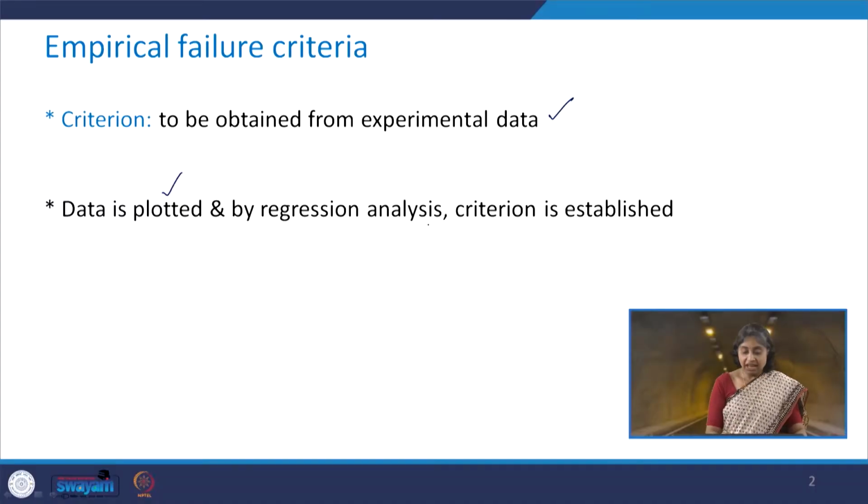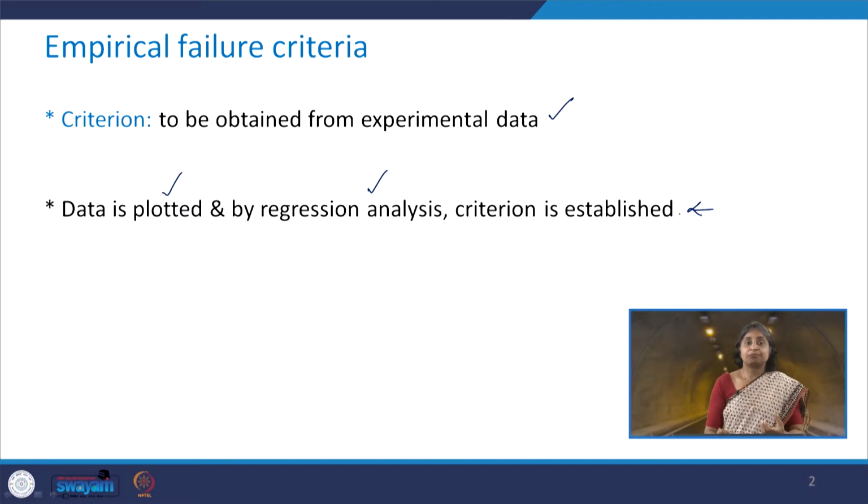In this case, the data is plotted and by regression analysis the criterion is established. One thing you need to keep in mind is that in case of an empirical failure criterion, one needs to be very careful about the units of the input data.